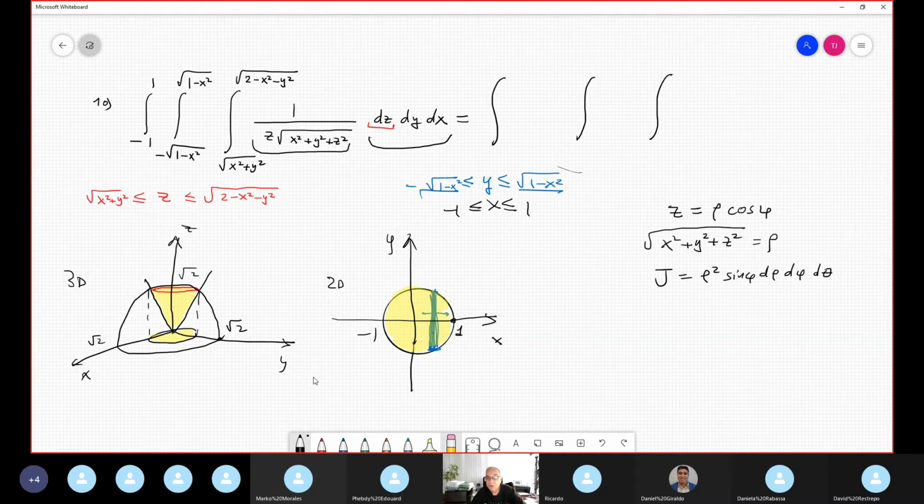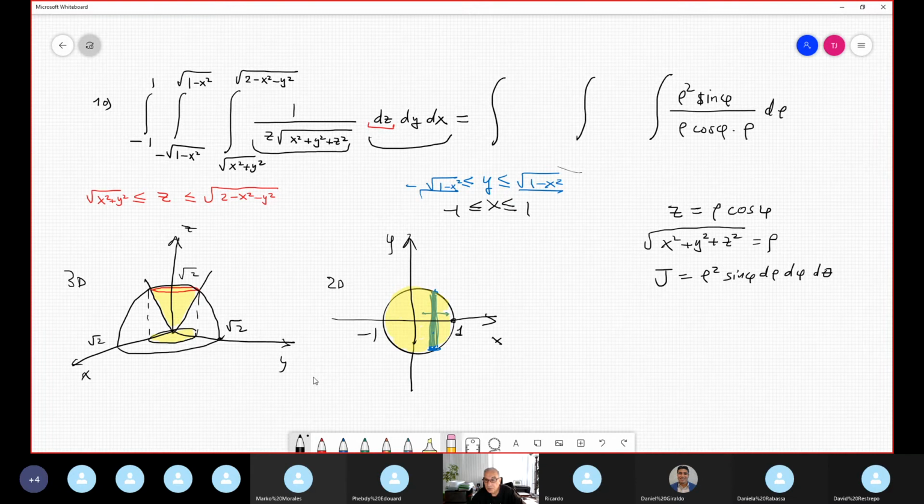Okay, put everything together. So it's 1 over rho cosine phi, another rho, que is the big square root, and the top we have rho squared sine phi.